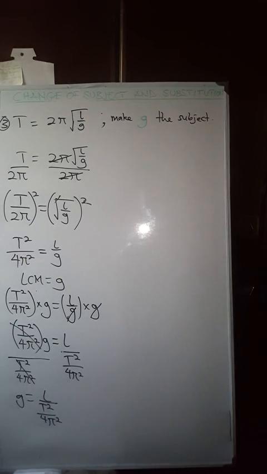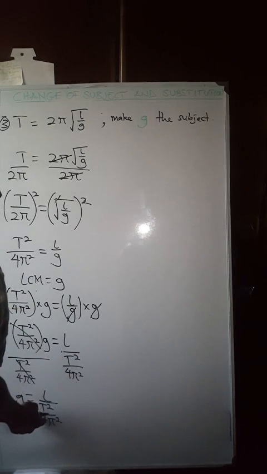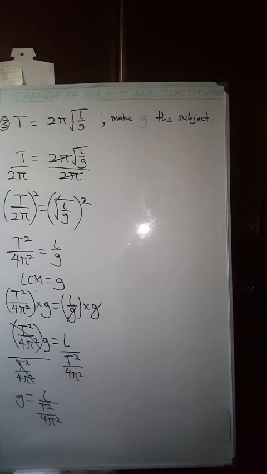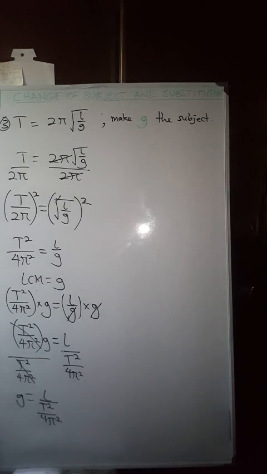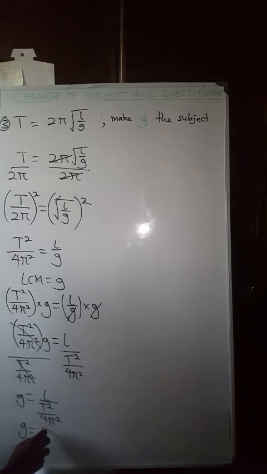Okay, yes, and now since this is dividing that, we can find the reciprocal of 4 pi squared. That gives us G is equal to 4 pi squared L all over T squared.